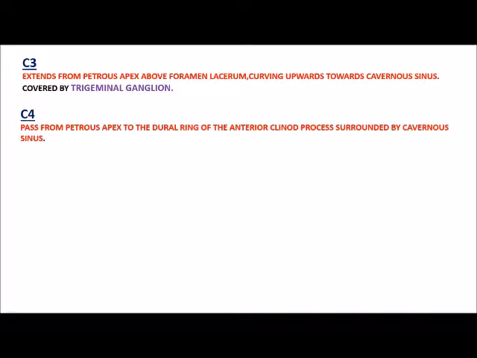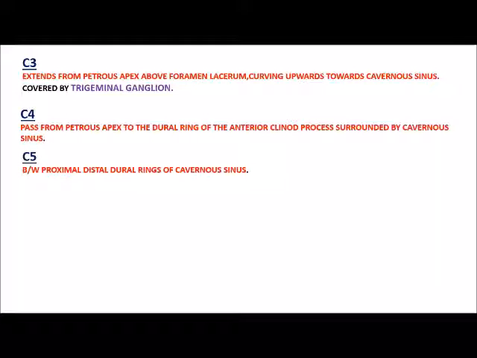Coming to C3 segment, it extends from petrous apex above foramen lacerum, curving upward towards the cavernous sinus, covered by trigeminal ganglion. C4 segment passes from petrous apex to the dural ring of the anterior clinoid process, surrounded by cavernous sinus. C5 segment is between the proximal and distal dural rings of cavernous sinus.